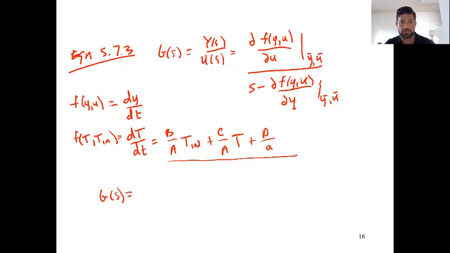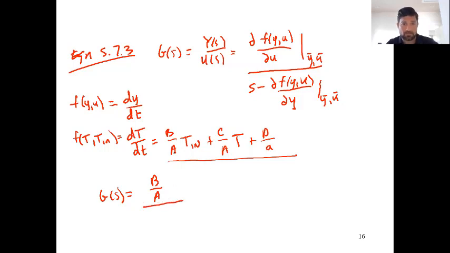This is the only term that has the input in it, so the partial with respect to the input is just b over a. The rest of these terms have a derivative of 0 with respect to Tn. Then I evaluate this, and it's just the constant.